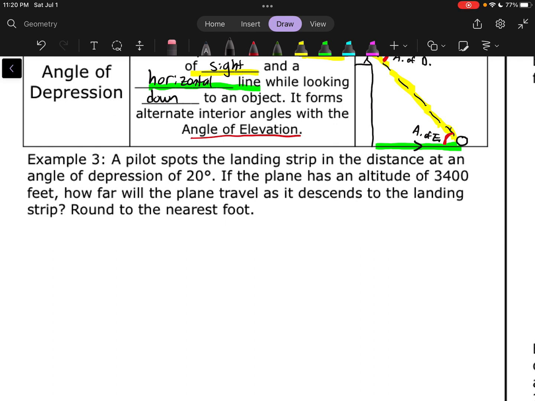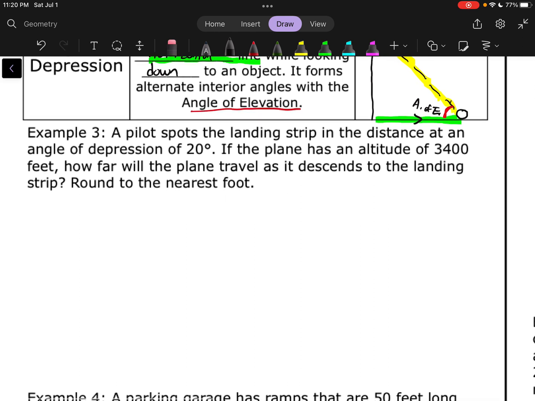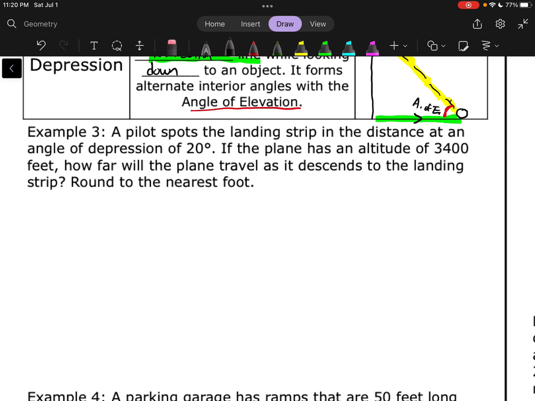Oh, pilot, spotting the landing strip in the distance. Okay, I will attempt to draw a plane, and it will not look good, but we will try. Okay, so airplane time. Let's see what I can do here.